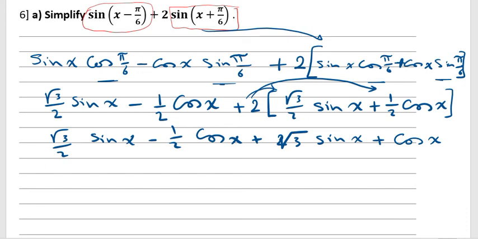After that we have similar parts: sine x, cosine x. So we have to collect like parts with their signs.